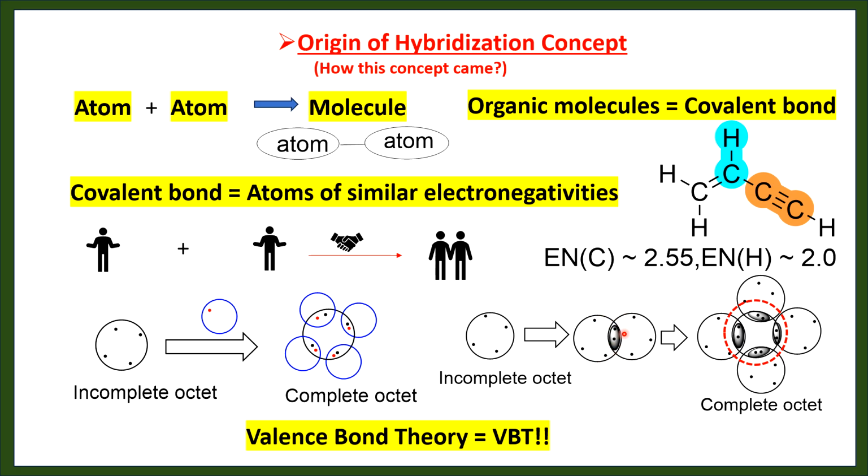We could see here this carbon fills up its octet and the other carbon is also close to filling up its octet. This formation of a bond by using valence electrons is called the valence bond theory, or in short, VBT.